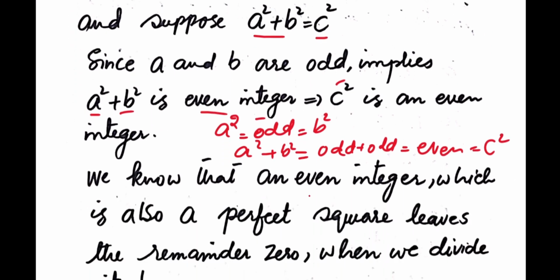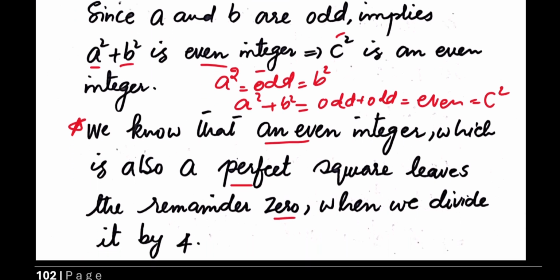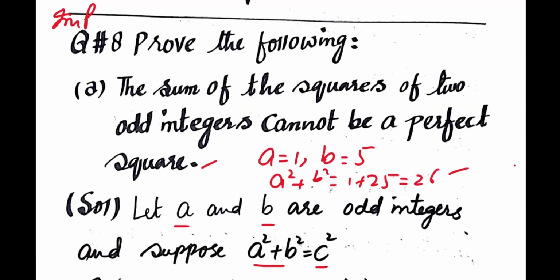Next we have a result. We know that all the integers which are perfect squares, when we divide them by 4, always leave the remainder 0 or 1. For example, consider 36. 36 is a perfect square, that is 6².